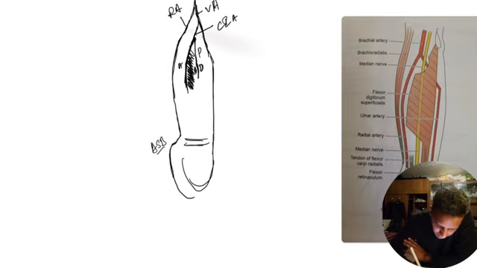So your radial artery forms a lateral convex curve and reaches your wrist joint, and at the wrist joint it passes through your anatomical snuffbox and goes posteriorly to form your deep palmar arch, right?